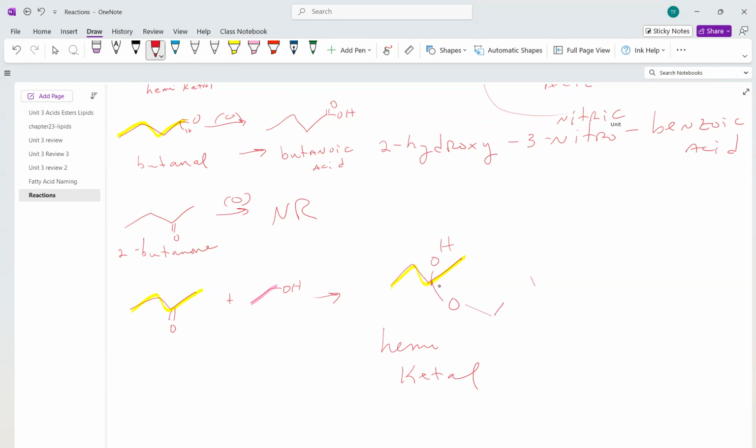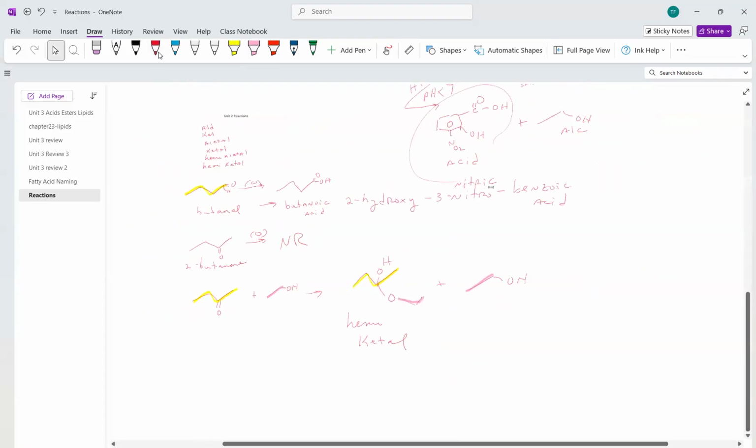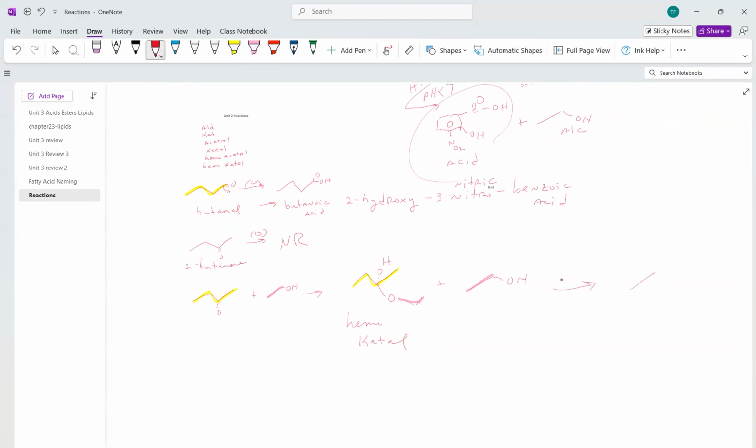Hemiketal, if we keep going, add another alcohol to the anomeric carbon.